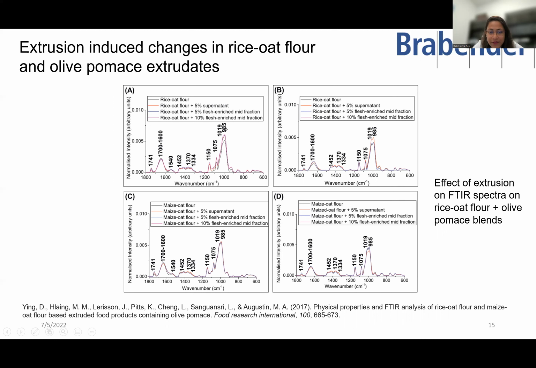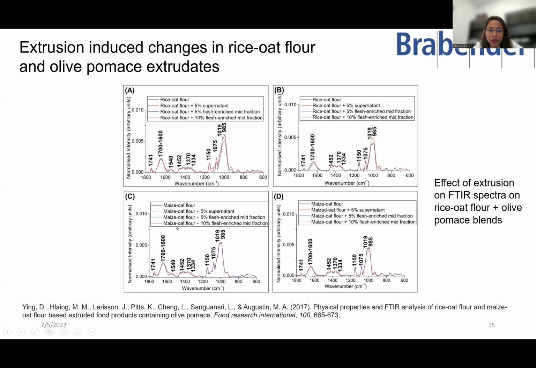In this case as well, the authors explain that they saw some changes when it came to comparing the conformation of starches and also the protein-polysaccharide interactions that could possibly happen during extrusion processing. And that also impacted the final texture of the product.